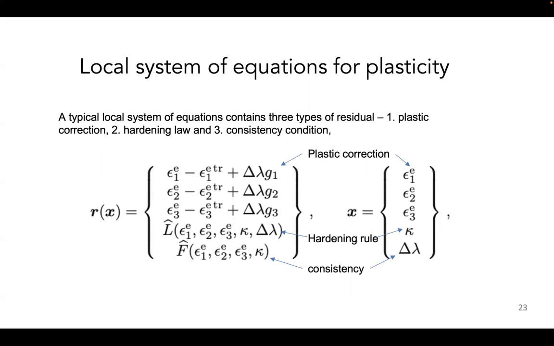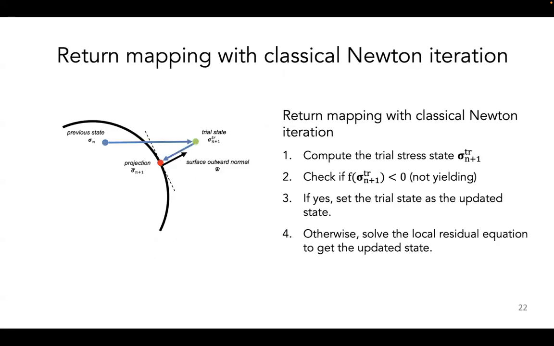And then that change, the delta of epsilon^p n+1, equals the delta lambda times the stress gradient. Okay, so in this case, this is a flow rule. I'm using the normal vector to tell me how much I need to go down. Okay, and then the lambda is just the magnitude. I've already fixed the direction. I just tune how much magnitude of lambda so that I can hit that exact yield surface.